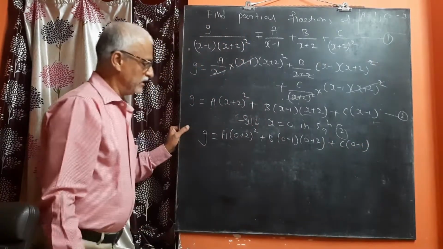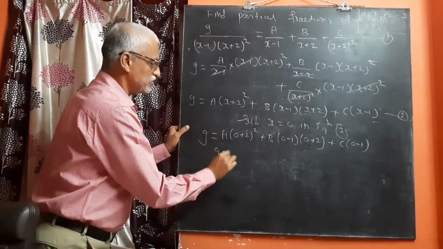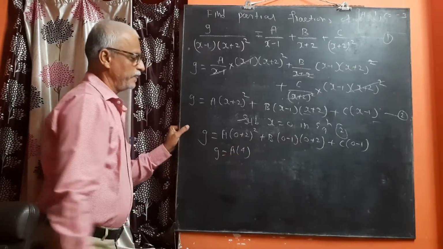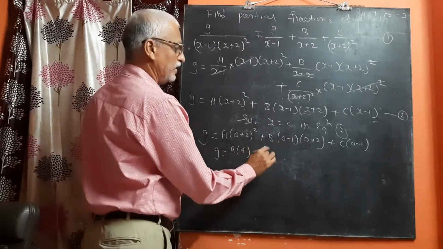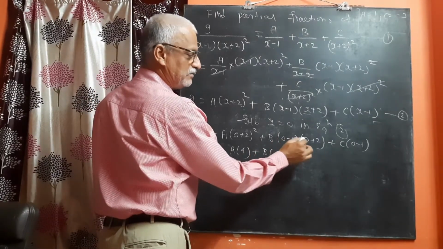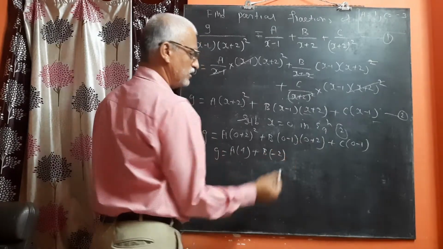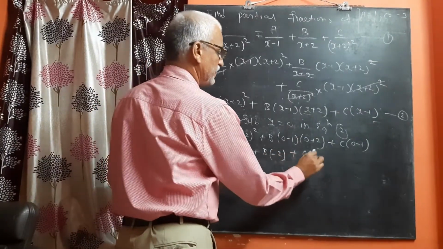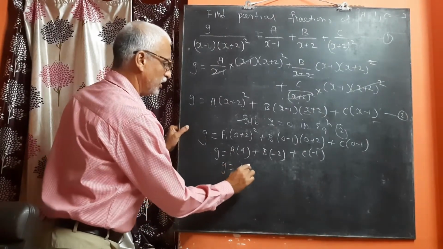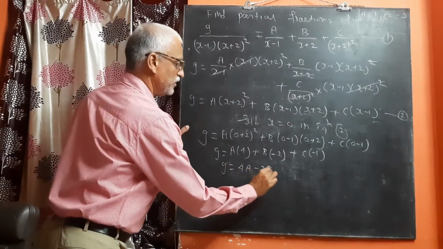Let us simplify it. You get 9 is equal to a into 2 square, that means 4, plus b into 0 minus 1 into 0 plus 2, that means -2, plus c into -1. Or we can write 9 is equal to 4a minus 2b minus c.